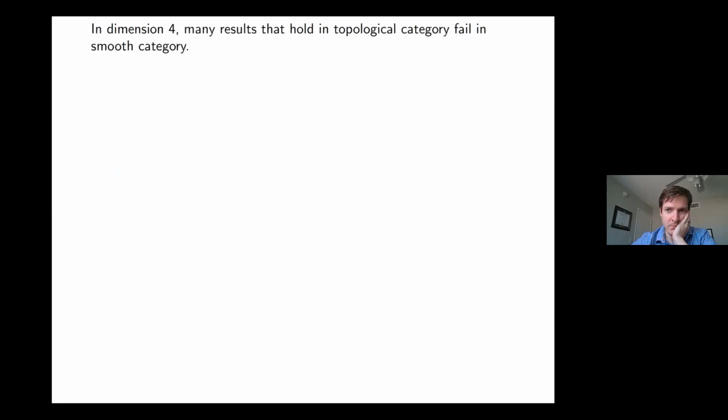Understanding smooth structures on four-manifolds is one of the most difficult topics in low-dimensional topology, and a major reason for this difficulty is that dimension 4 is the first dimension where the smooth category is significantly different from the topological category. Namely, a lot of results that hold in the topological category will actually fail in the smooth category.